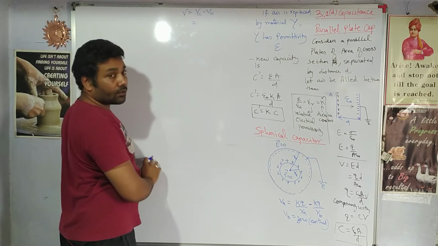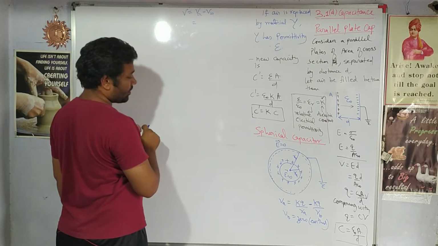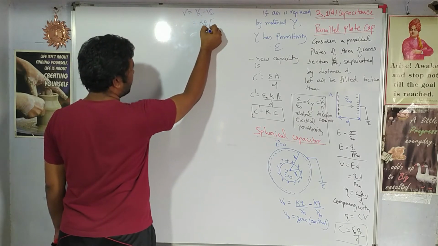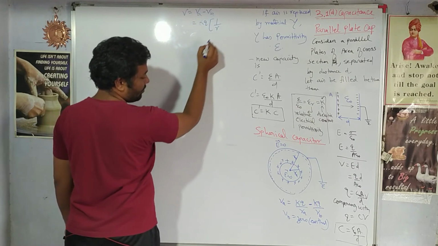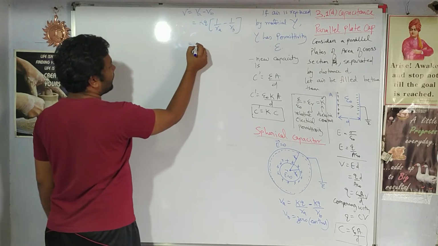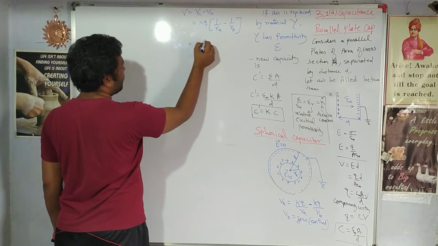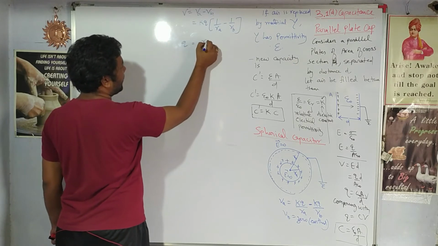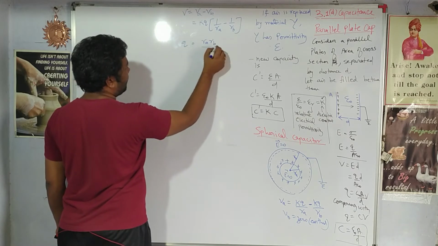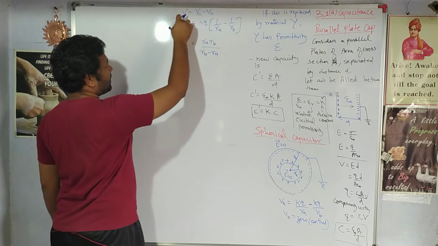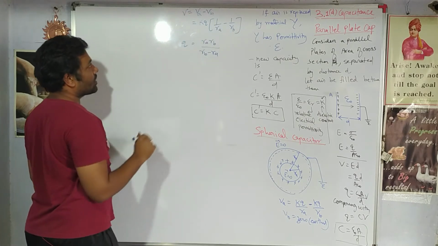Substituting the values, K common, Q common, 1 upon RA minus 1 upon RB. If we simplify and rearrange, Q will be equal to RA RB upon RB minus RA, times V over K. The multiplication has gone inside; I have simplified this in one single step.